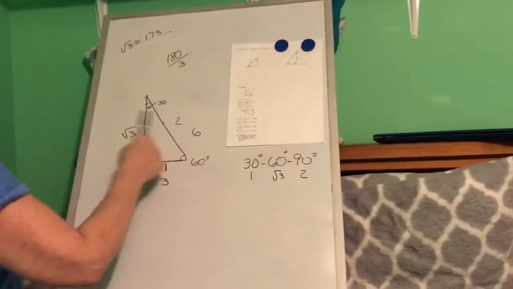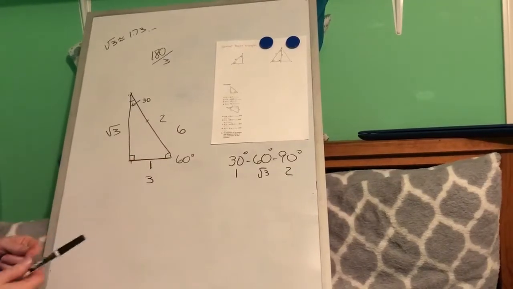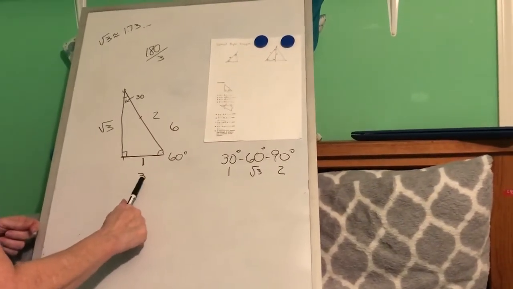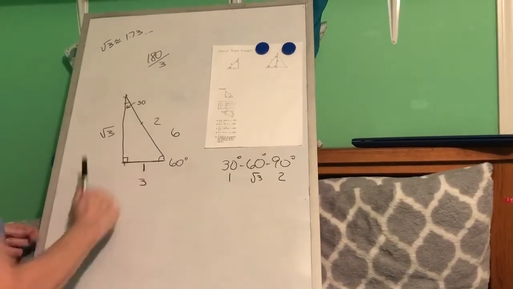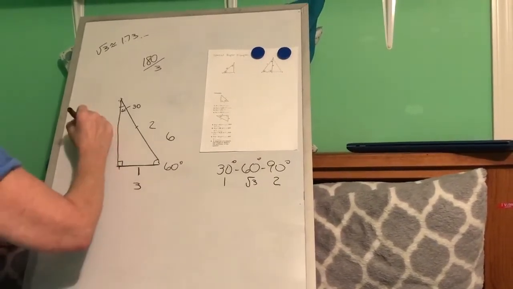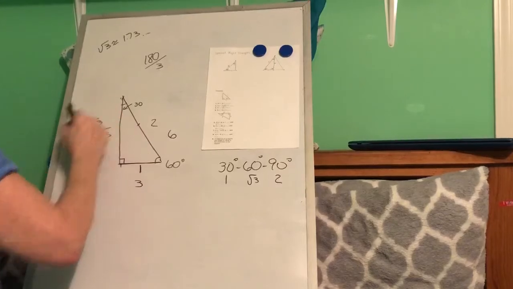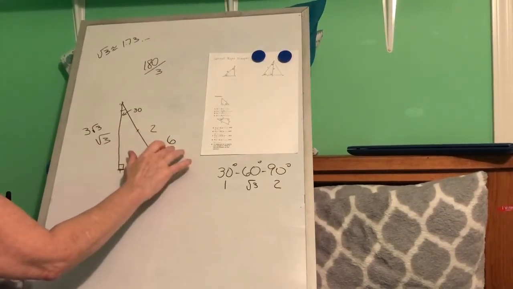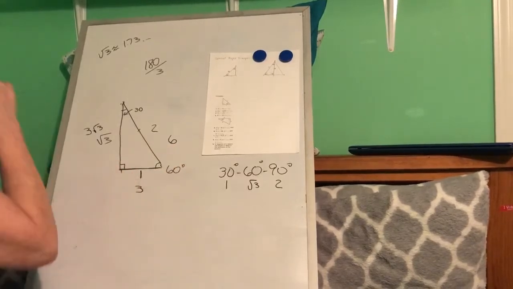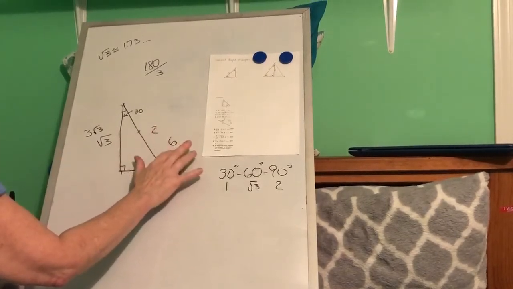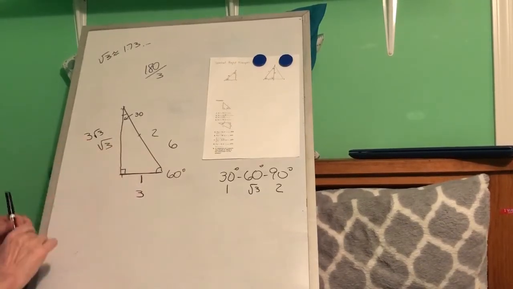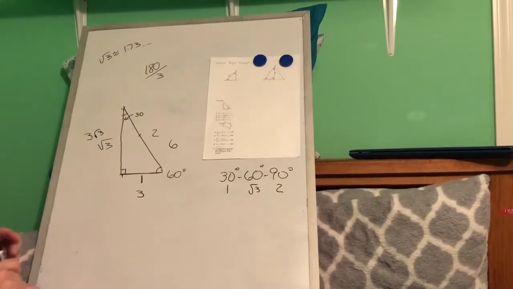I'm going to come back to the short leg. We will never go across the triangle from 90 to 60. It doesn't work. I'm going to come back to the short leg, and to get from 1 to the square root of 3, I multiply. Okay, so this side would be 3 square roots of 3. So 3 doubled gives me 6, and 3 times the square root of 3 gives me 3 square roots of 3.